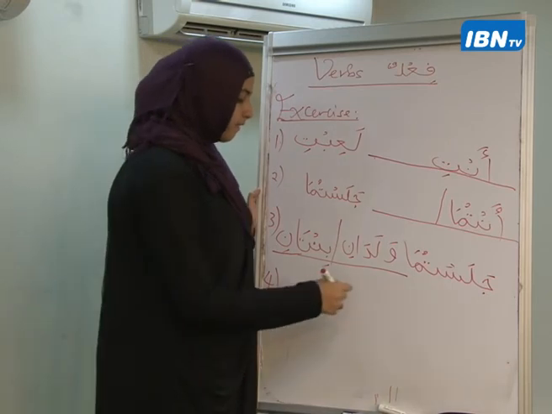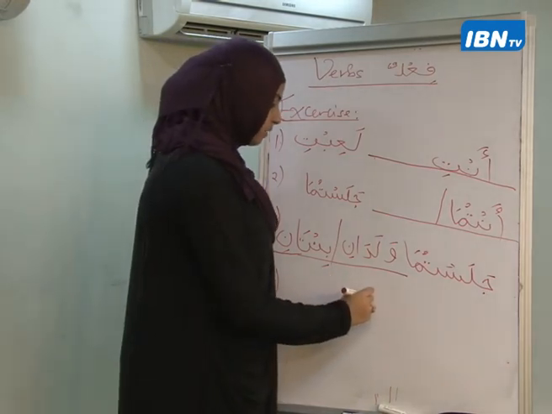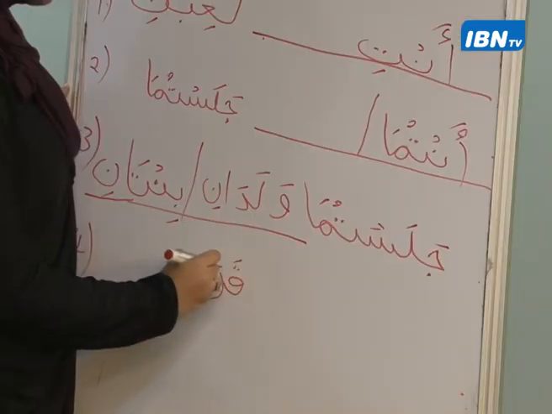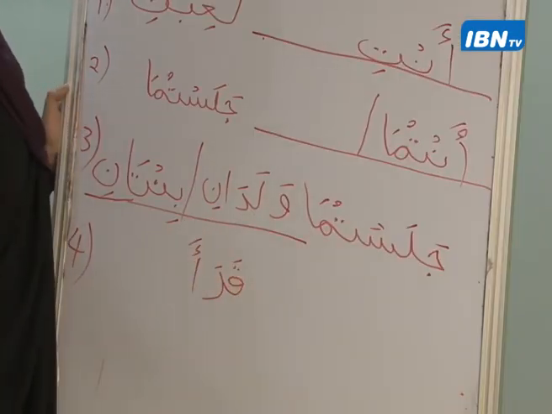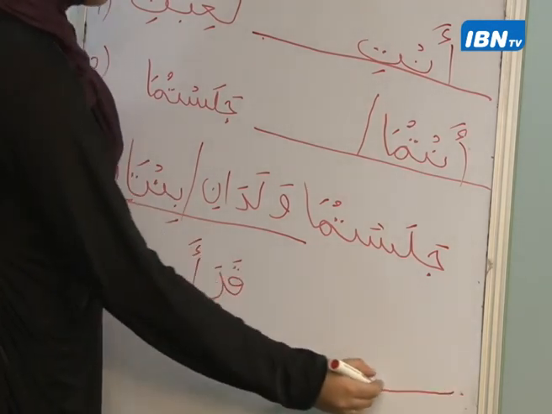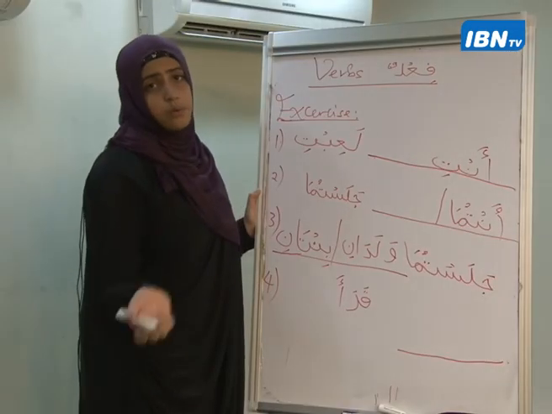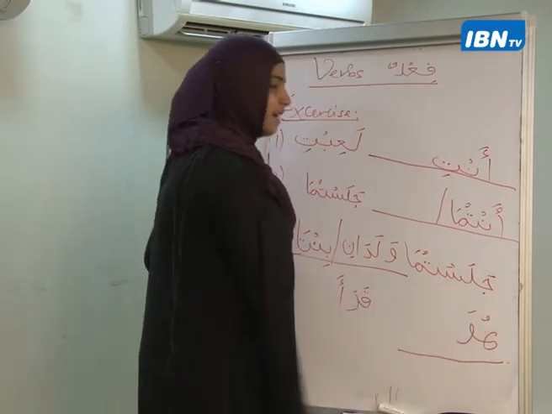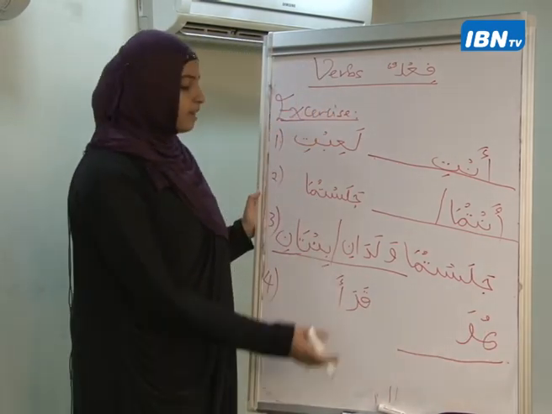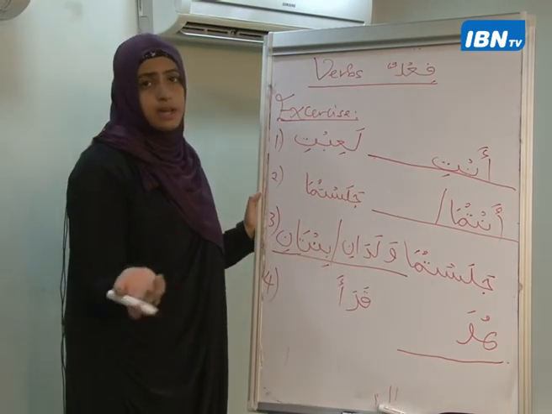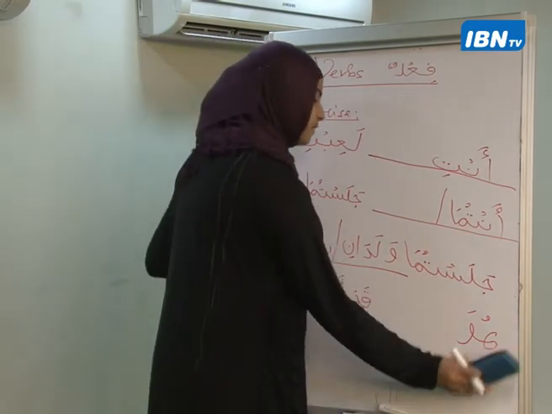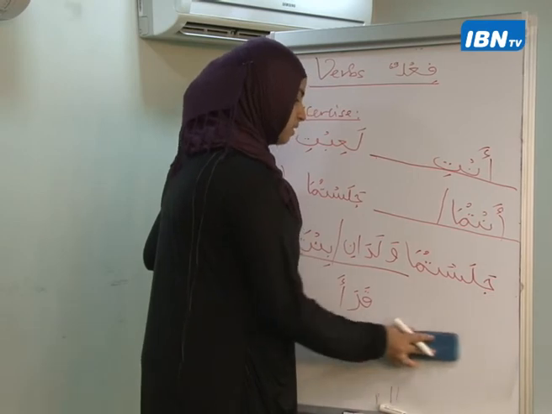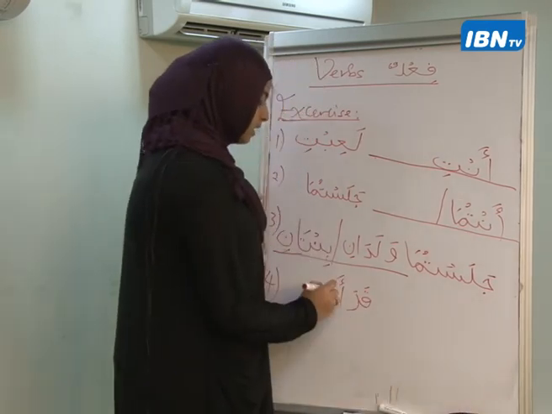Let's say I have the verb qara'a. Right. So if I want to fill in an appropriate pronoun, I can say huwa qara'a. Is there any other pronoun that I can fill in? No, it's only huwa. Huwa qara'a. But what if I change this and let's say I say qara'tuma?